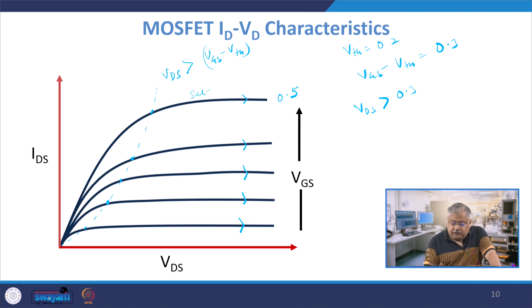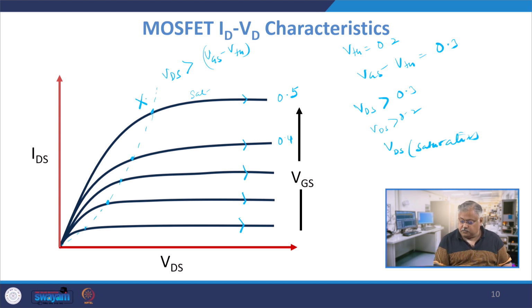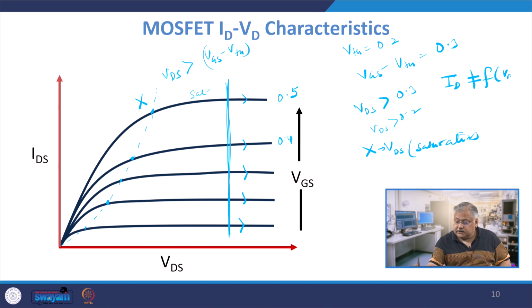But if you reduce your Vgs say to 0.4, then you see my Vds has to exceed 0.2 volts in order to get saturation, and therefore, this point has shifted to the left. So, lower the Vgs value, lower will be the value of Vds sat. This is known as saturation Vds, Vds sat. Let us assume this point to be x, fine. At this place you have a current, which is not a function of Vds, fine.